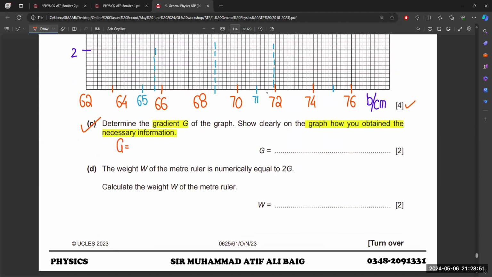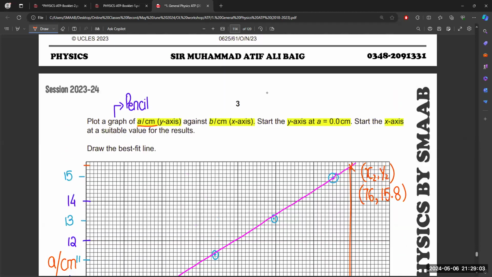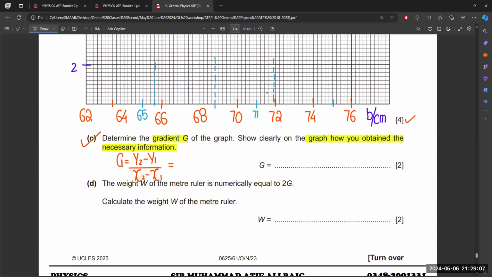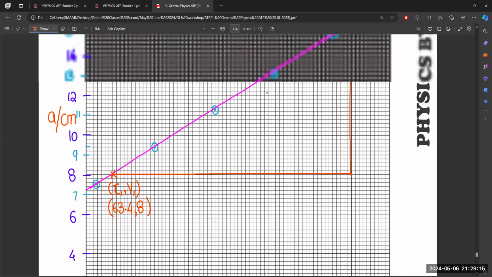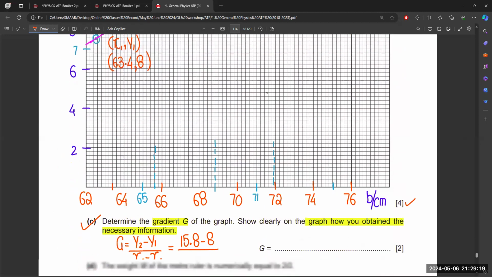Formula of gradient: y2 minus y1 divided by x2 minus x1, is equal to, value of y2 is 15.8 and 8, x2 is 76 and 63.4.